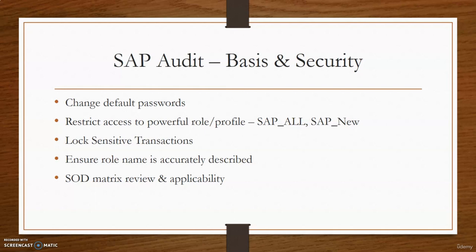Then the other is ensuring role names are accurately described. When defining a new security role and profile, the name should be appropriately described so the role or profile is not misleading. An auditor will raise a large red flag if he finds names that do not reflect the actual role or profile capabilities, because it raises the concern that someone may be intentionally attempting to mislead the security review. The next is logging the sensitive transactions.